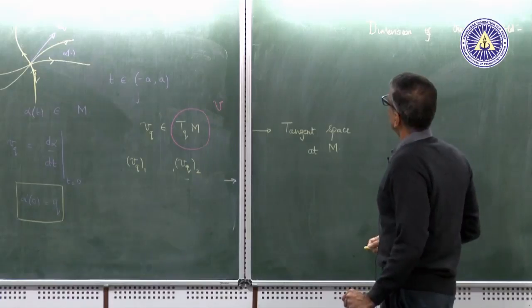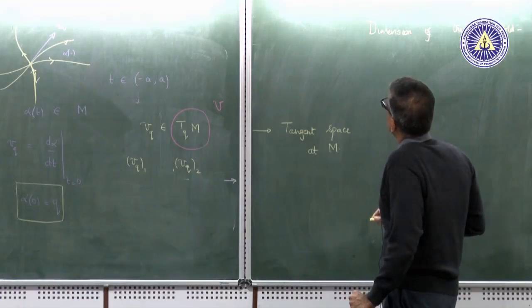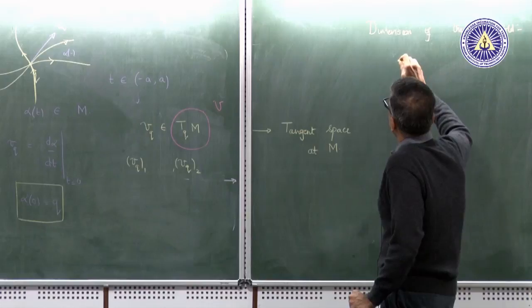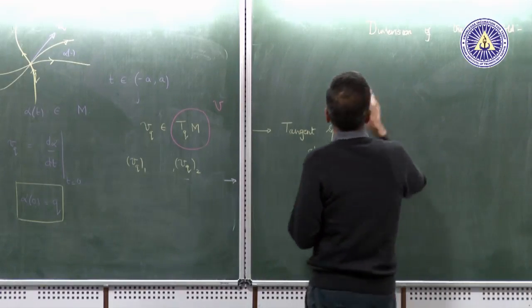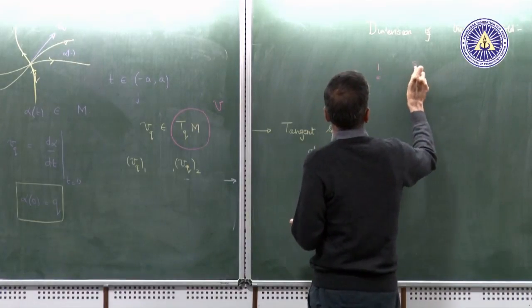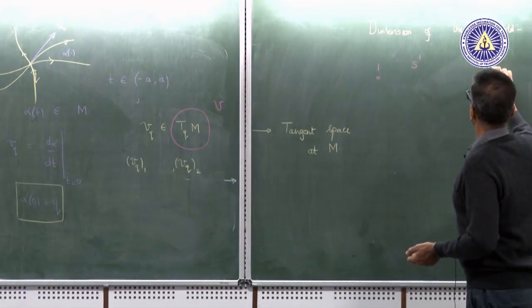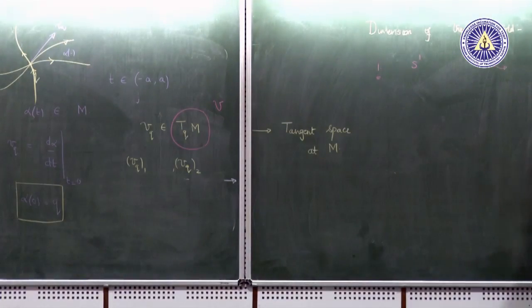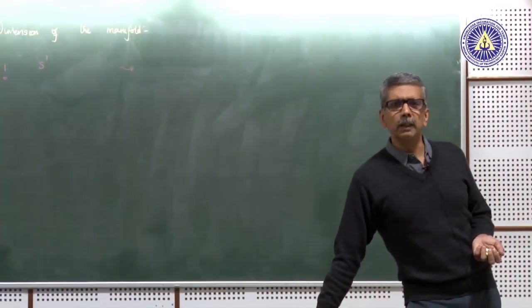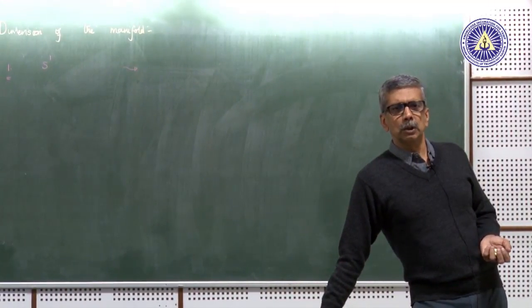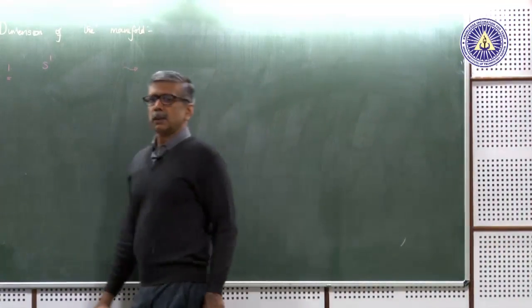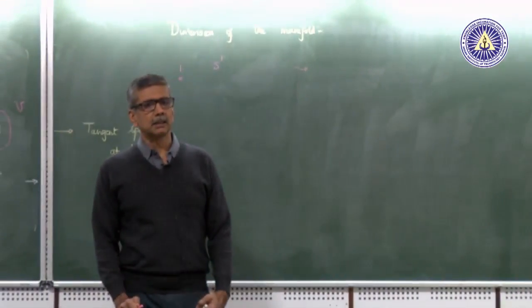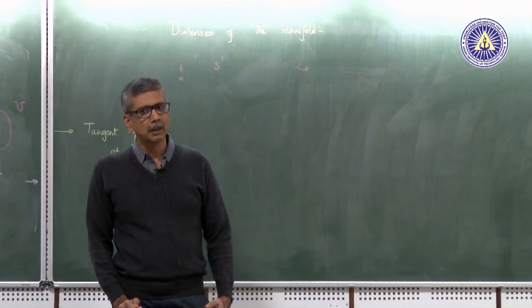In the case of the first example that we considered, that was S1. What do you think was the dimension of this? Think of it as how many independent variables you required. You started with x1, x2, but they had a constraint, x1 squared plus x2 squared minus 1 equals 0.